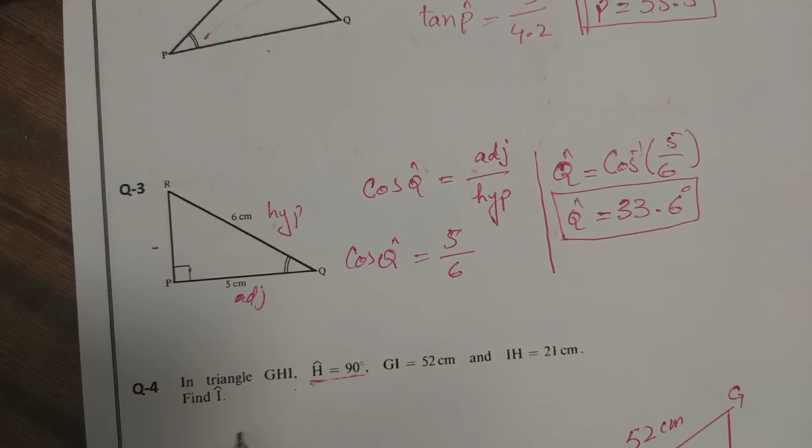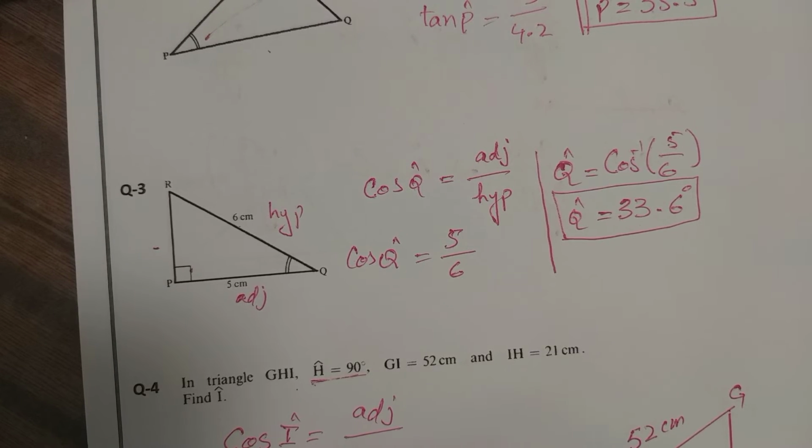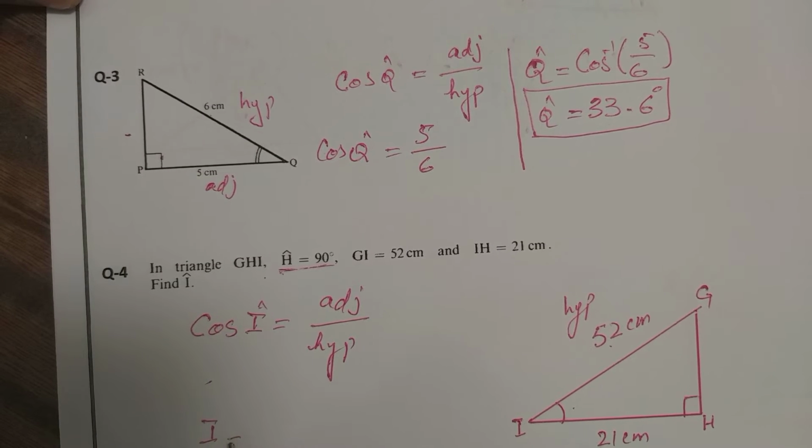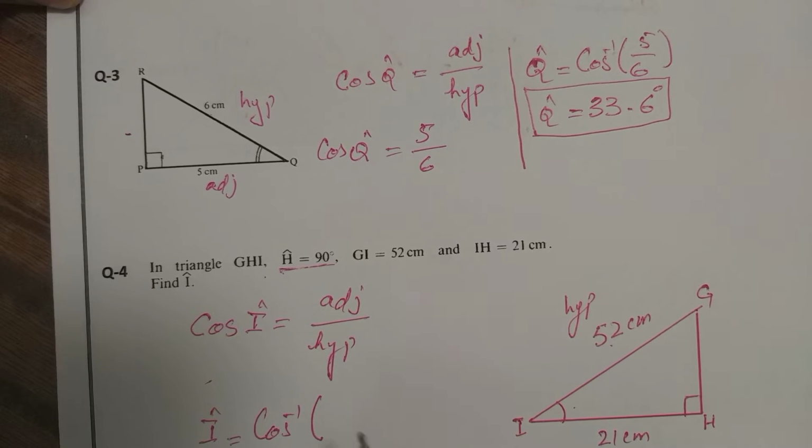We know the formula is cos of angle I equals the adjacent over hypotenuse, because this is adjacent and this is hypotenuse. To find the angle, angle equals cos inverse, with adjacent 21 and hypotenuse 52.